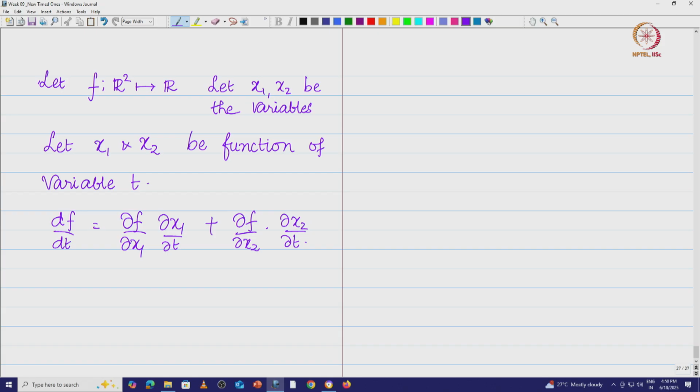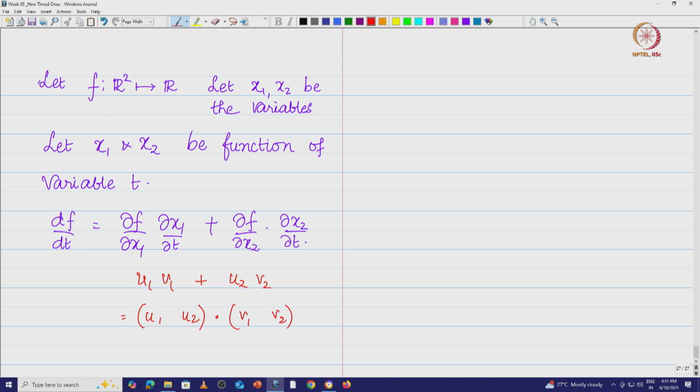This also looks like something interesting which you have seen before. This is of the form u1 v1 plus u2 v2, which is nothing but the dot product of the vector u1 u2 with v1 v2.